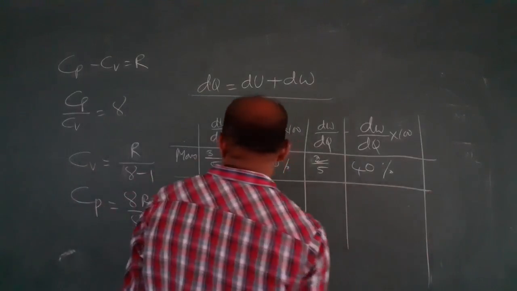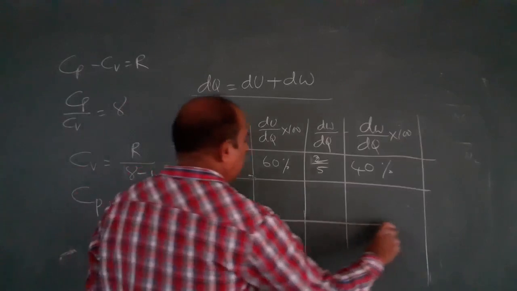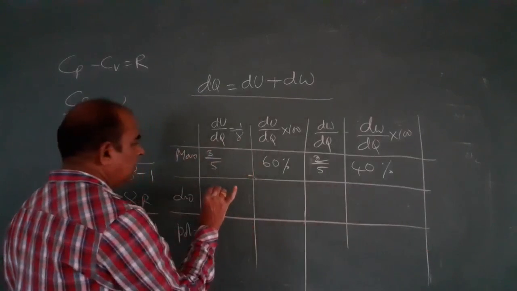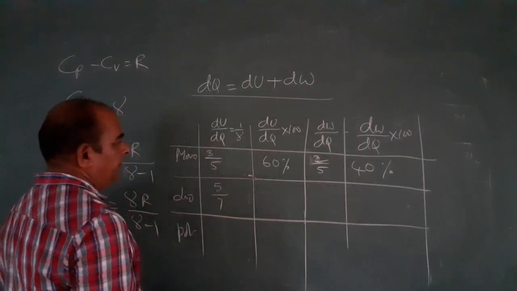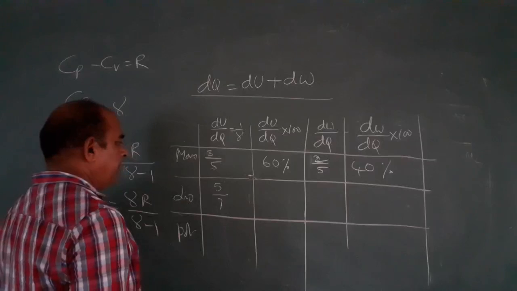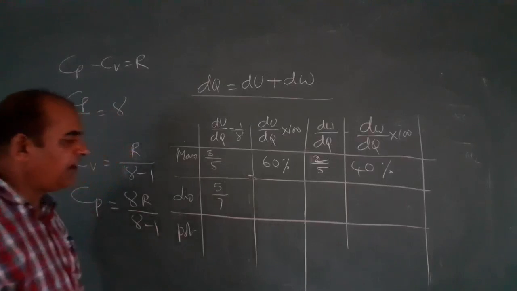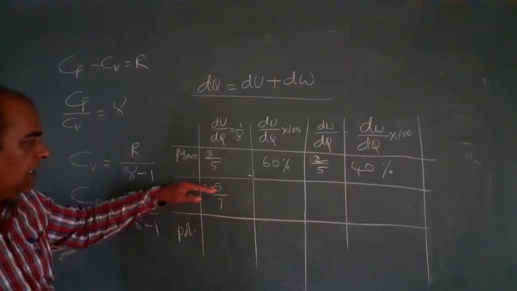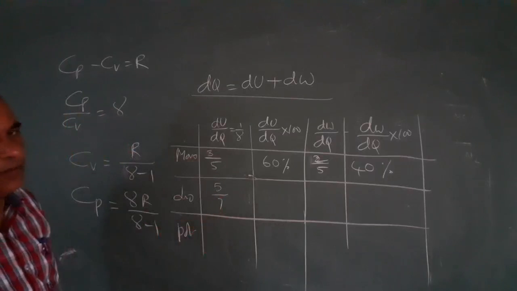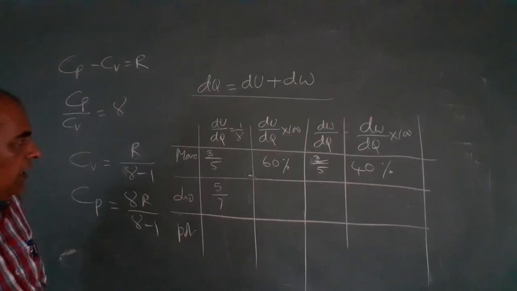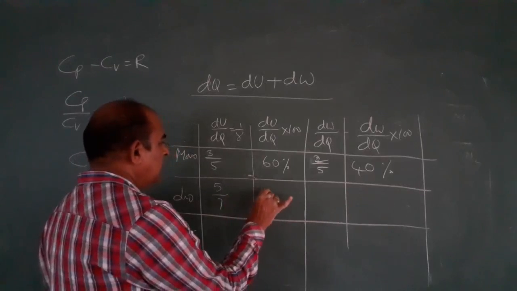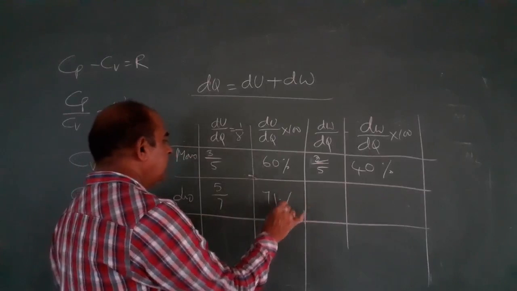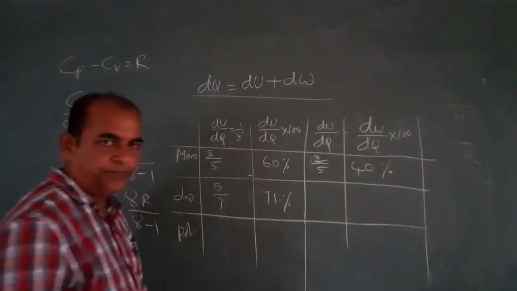And for diatomic gas, this is 5 by 7, because 1 by gamma, 1 by 7 by 5, therefore 5 by 7 will come. And percentage is equal to 500 by 7, 71%, approximately.